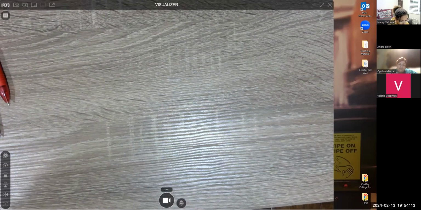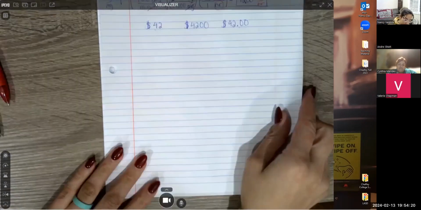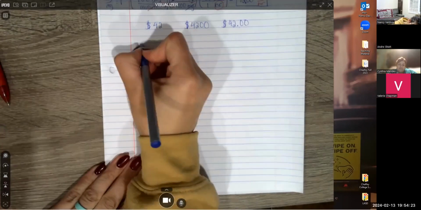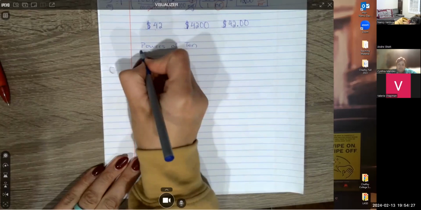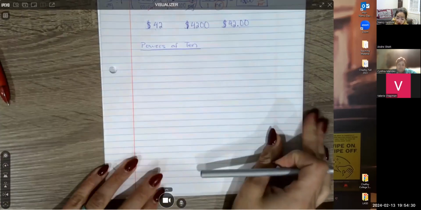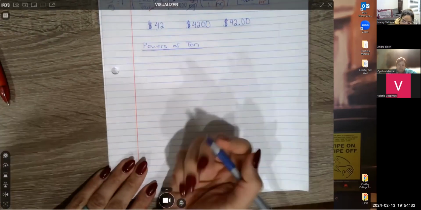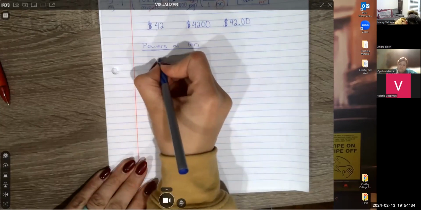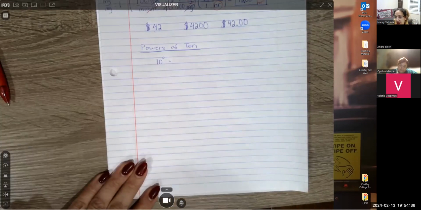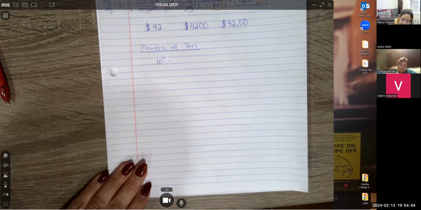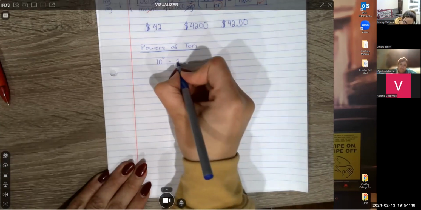Can you guys think of another question? While you're looking or thinking, I'm just going to quickly go over powers of 10. All right, so if I have 10 to the 0, what is that number? 1.